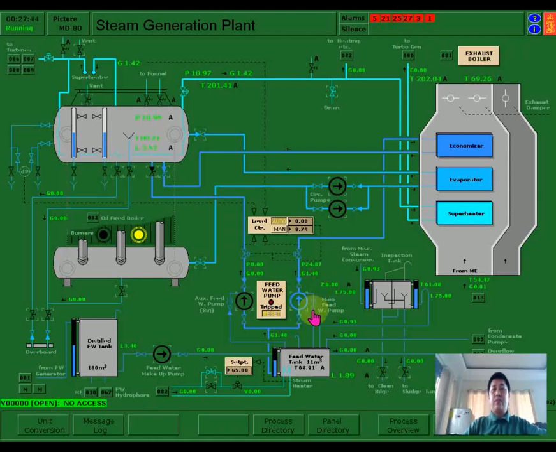This is an example of being controlled by your PLC, which is a programmable logic controller. The motor will be slower when the water level of the boiler is normal.